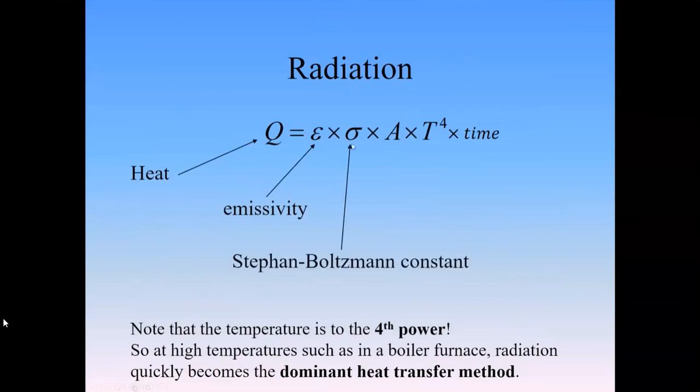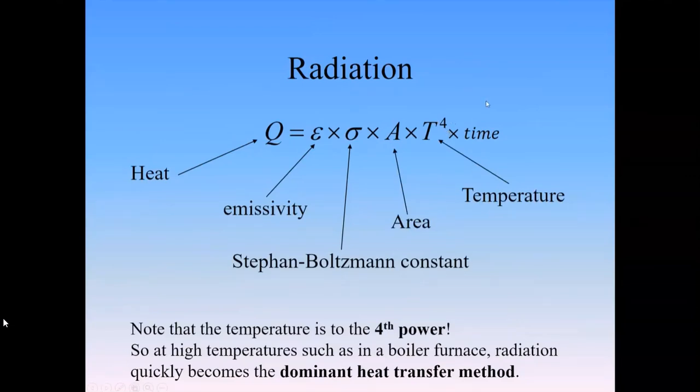We have kind of a physical constant, so that always is the same value in the equation. And then the things that change are going to be your area, so how much surface area is able to emit radiation. And then what is the temperature? And the temperature is to the 4th power. So that's where radiation really, really rockets.